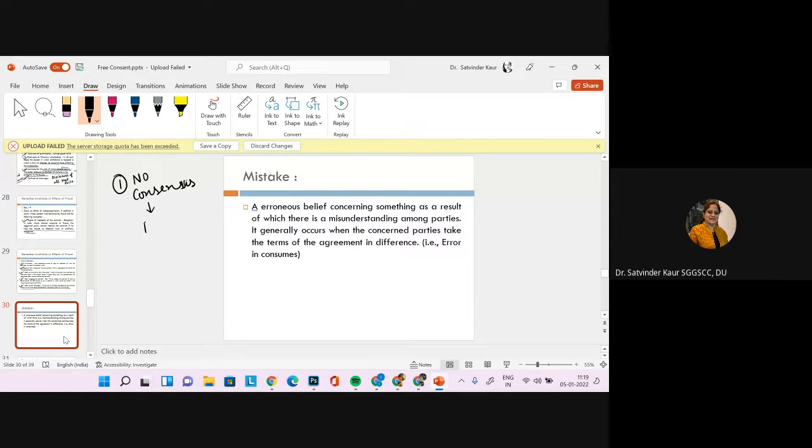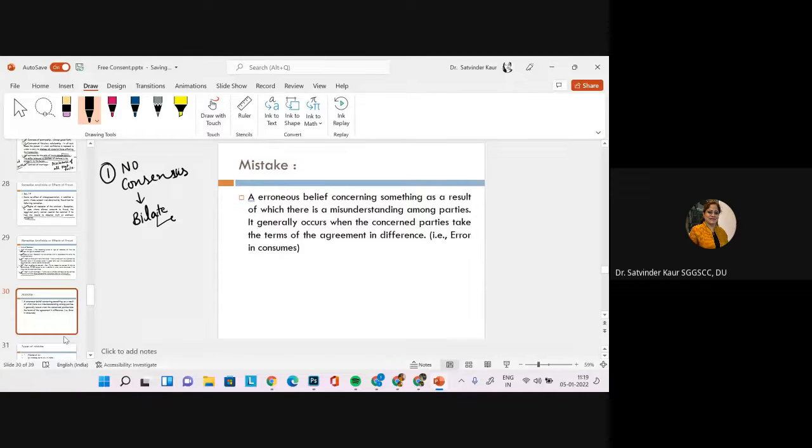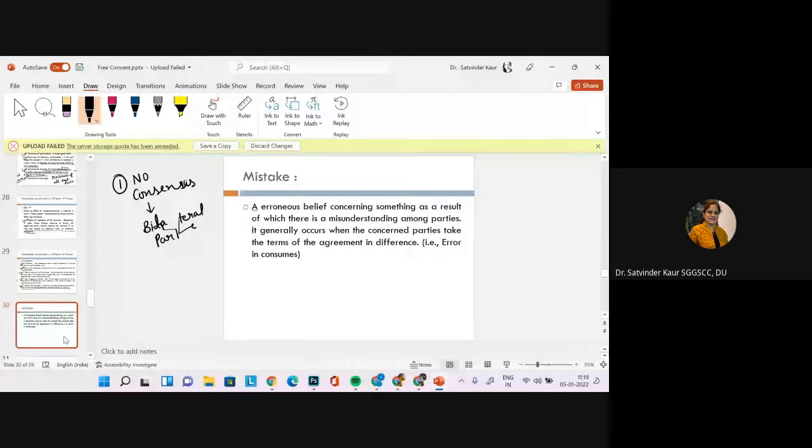So it means there is a bilateral mistake by the parties with respect to any of the elements. I would like to show you one document, but we have to remember that if there is a bilateral mistake, then your agreement will be void, right?